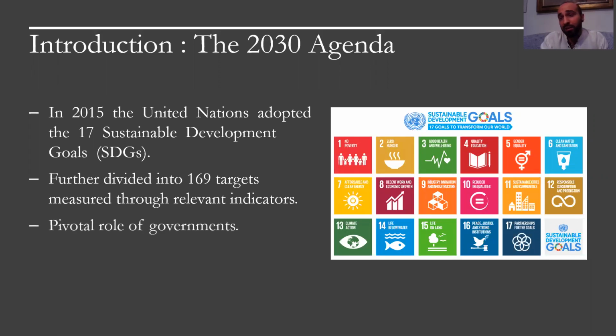Now, when it comes to achieving the SDGs, it is clear that governments and their policies play a pivotal role, right? The way in which they allocate resources through public spending is crucial to the progress towards the SDGs. However, it's not easy to understand which budget programs a government should prioritize, because we might have spillover effects.